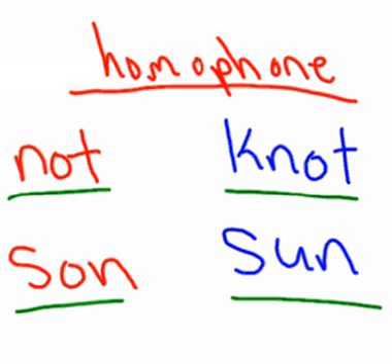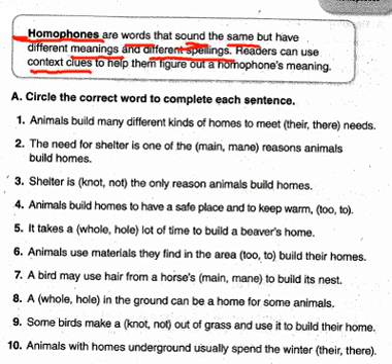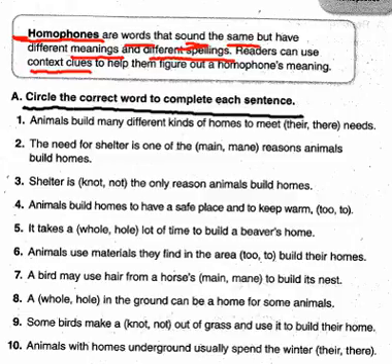Now, taking it back to our paper here, it tells us on letter A to circle the correct word to complete each sentence. So let's go ahead and look at this sentence. Number one, it says animals build many different kinds of homes to meet their needs. Now, we're talking about animals and their needs, meaning this is what they need.